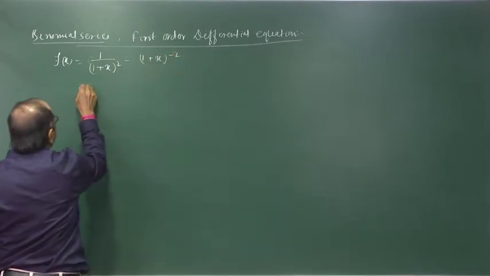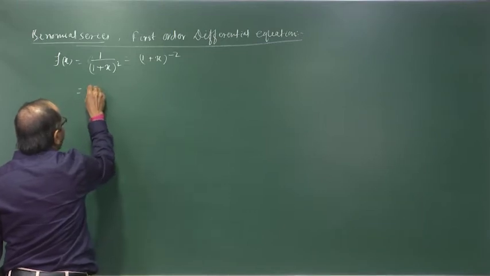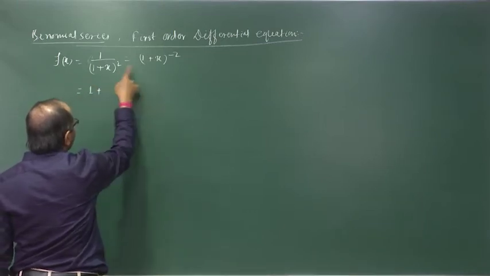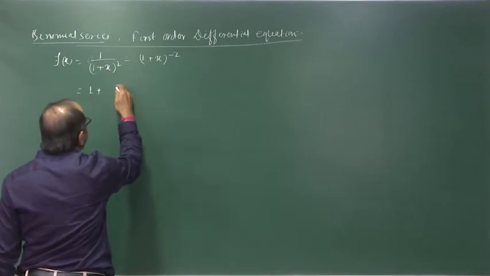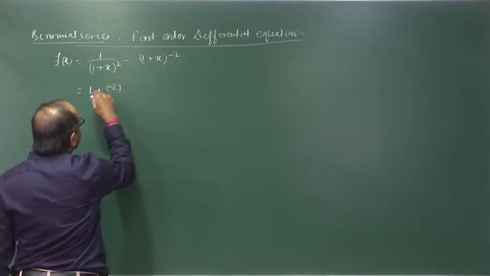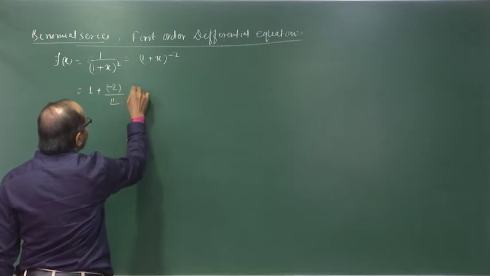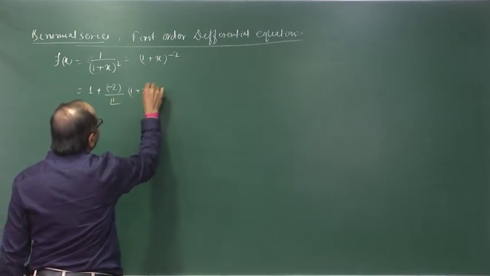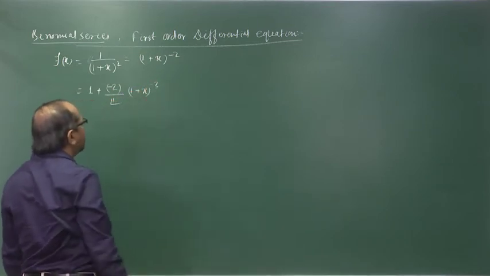So, in terms of binomial expansion, at x is equal to 0, f of x is 1, then minus 2 by 1 factorial into (1 plus x) to the power minus 3.